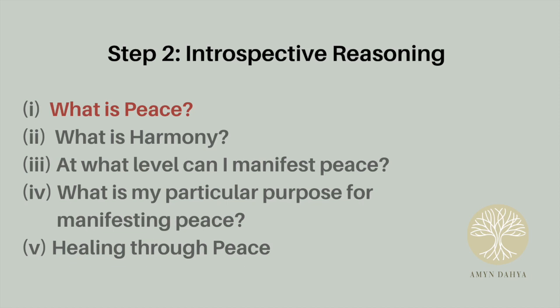What does the published literature say? According to published literature, peace is a state of tranquility or serenity. Peace is freedom of the mind from annoyance, distraction, anxiety, and obsession, etc. So it's freedom of the mind. 3, peace is a state of mutual harmony between people or groups, especially in personal relationships.